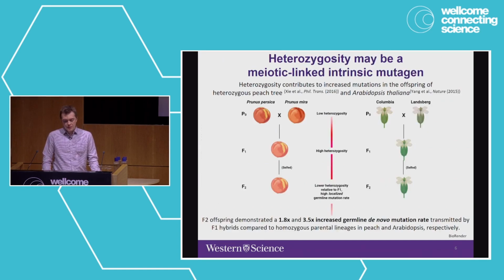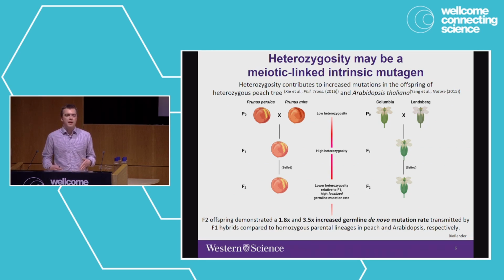It's also been implicated in certain plant species that sites of heterozygosity may complicate crossover in meiotic recombination. Specifically in the perennial peach tree, as well as Arabidopsis thaliana, some researchers have found that by crossing distinct cultivars or strains of these species, establishing a high degree of heterozygosity in the F1, and then selfing those F1 plants to create the F2 offspring, they see a relatively higher localized germline mutation rate in the F2.